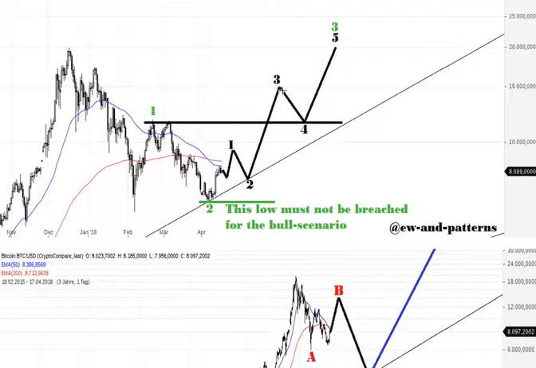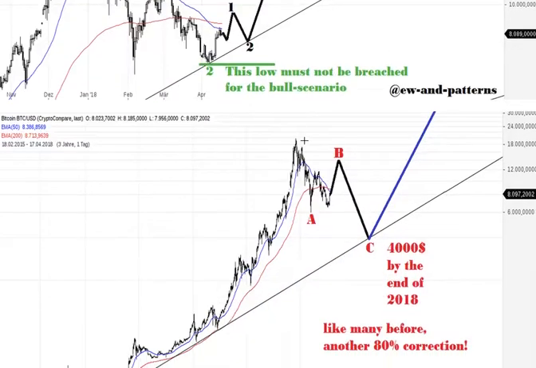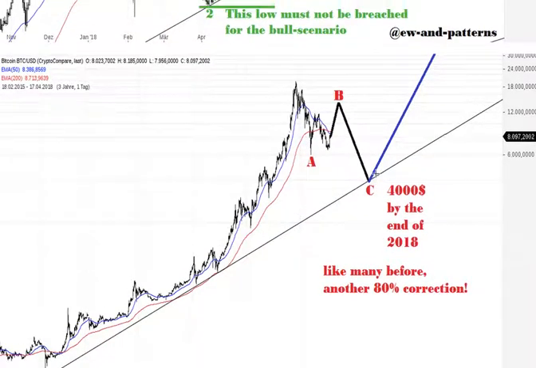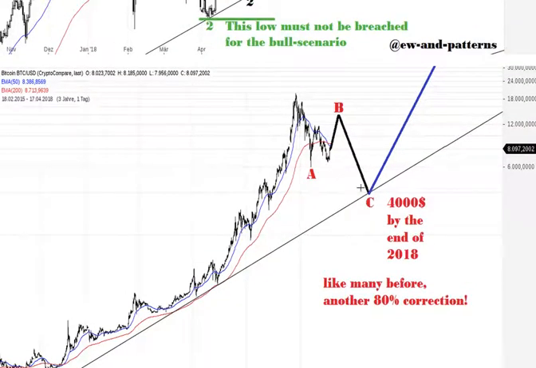But in the bearish scenario, if we head down to this fourth and we don't hold on that 11,700 when we break through, then his next scenario is that we could see that 4,000 finishing off towards the end of this year, and then we should be heading up again towards 2019.